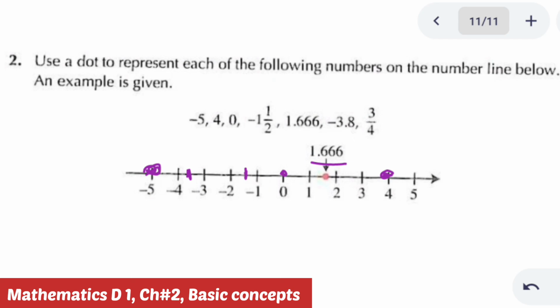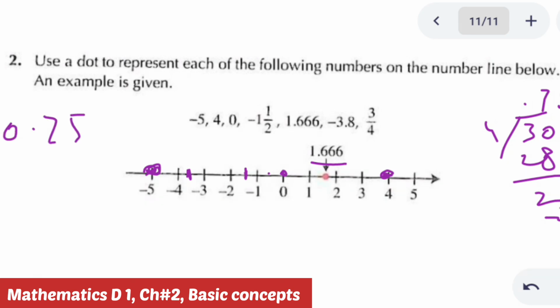And for 3/4, we have to first calculate its value. It is 0.75, so its value will be over here. So these are the different numbers, and in this way we can arrange them on the number line.